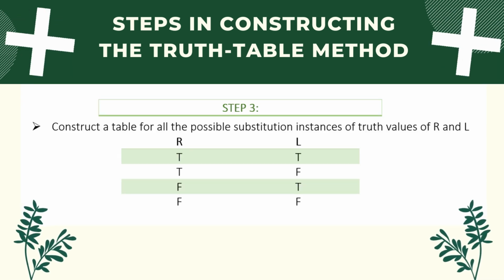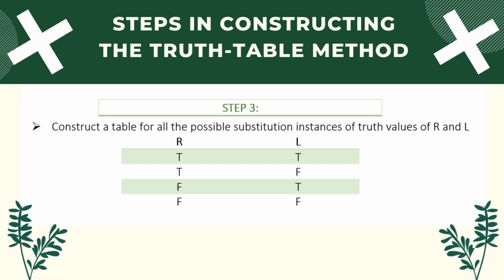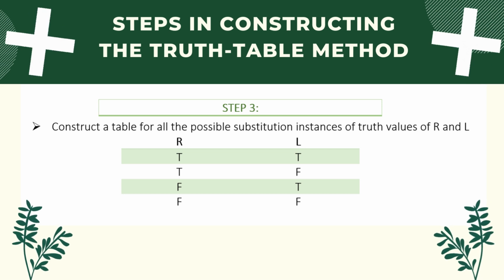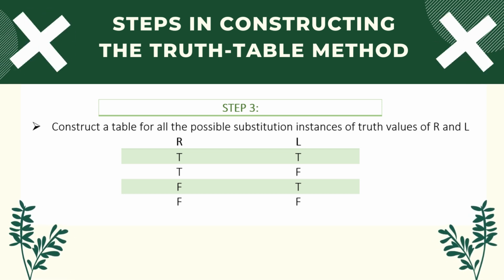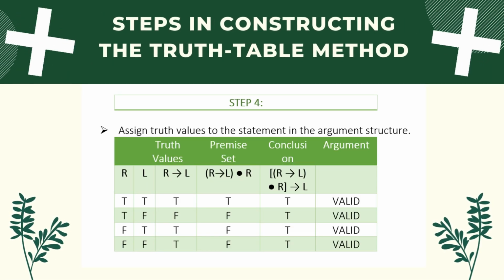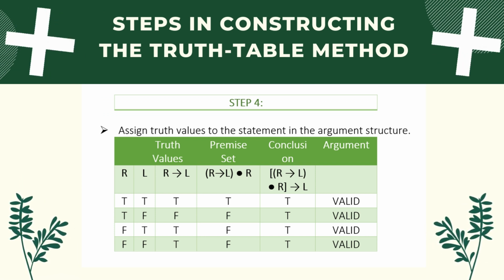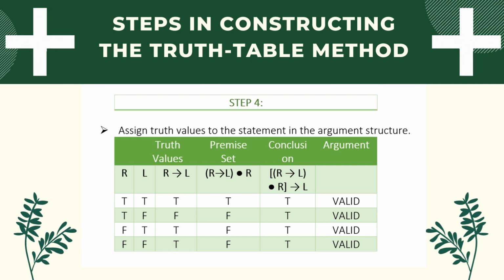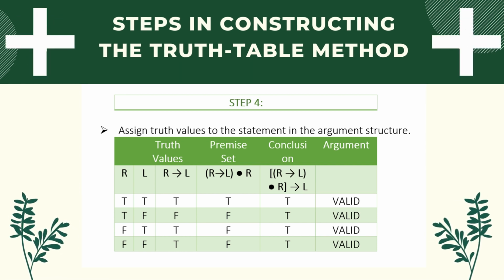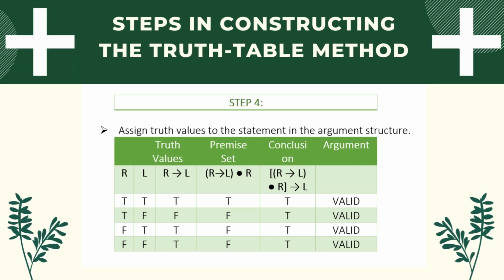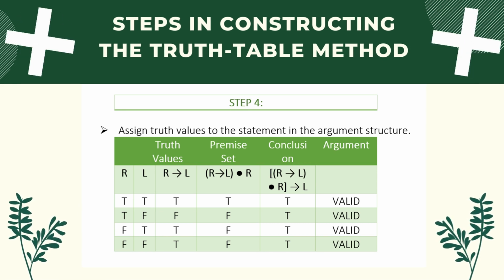Third, construct a table for all the possible substitution instances of truth values of R and L. And for our last step, assign truth values to the statements in the argument structure. Make sure to show the truth values, premise set, conclusion, and the argument.